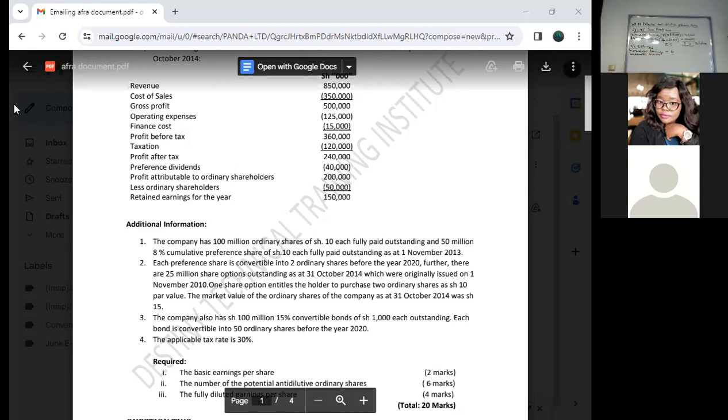You need to check the policy. In note 2, they said they had given out 25 share options, and each option entitles the holder to receive 2 ordinary shares. So you get 2 ordinary for every one share option. But how many share options do we have? 25.